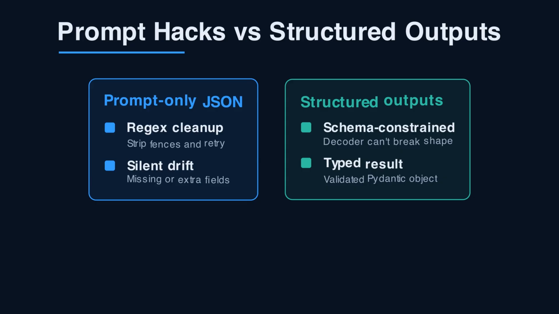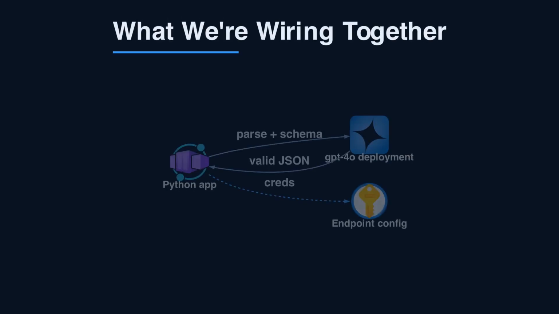You hand the service a JSON schema derived from your Pydantic model, and the decoder is constrained so it can only emit tokens that keep the output valid against that schema. That means required fields are always present, enums stay in range, and types are correct. You trade a tiny bit of flexibility for determinism in shape, which is exactly what you want when the output feeds a downstream system.